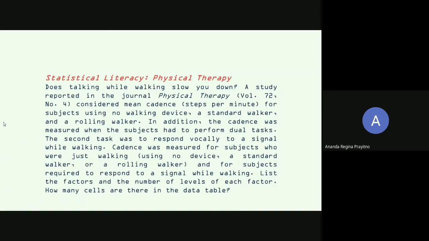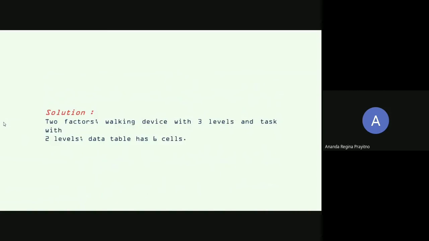The task was mentioned in the sixth line: the cadence was measured when the subject has to perform dual tasks. Thus, the solution: there are two factors, walking device with 3 levels and task with 2 levels. The table has 6 cells. I think that's all.